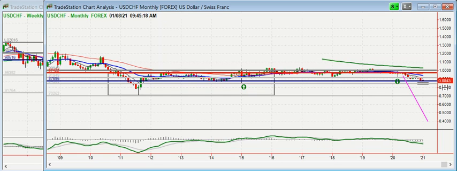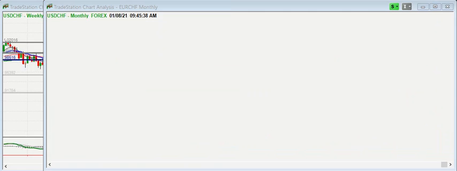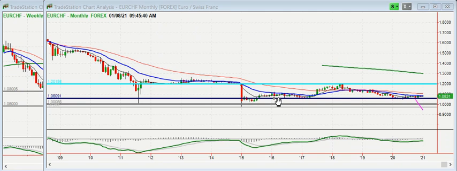So I'm seeing the US Swiss. The US Swiss is basically the mirror of the euro dollar. So euro dollar is up, and US Swiss is down. And as we have seen before with the Euro Swiss, the Swiss is stronger than the euro, right?